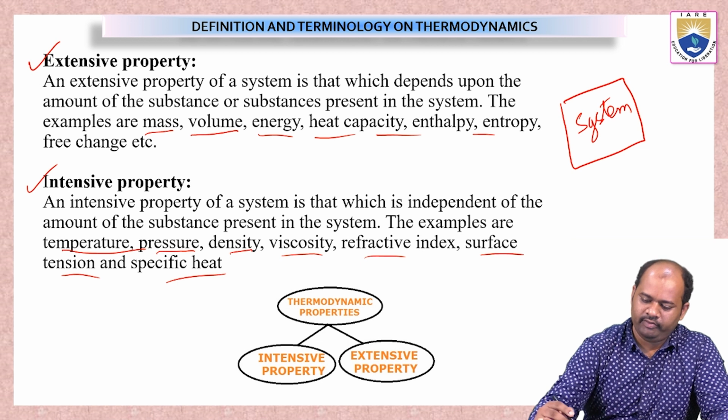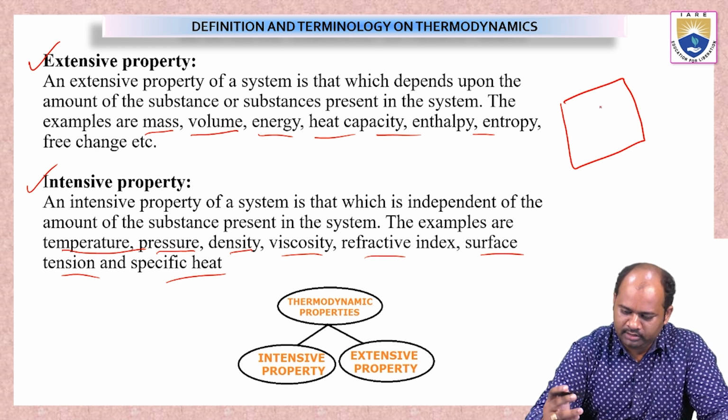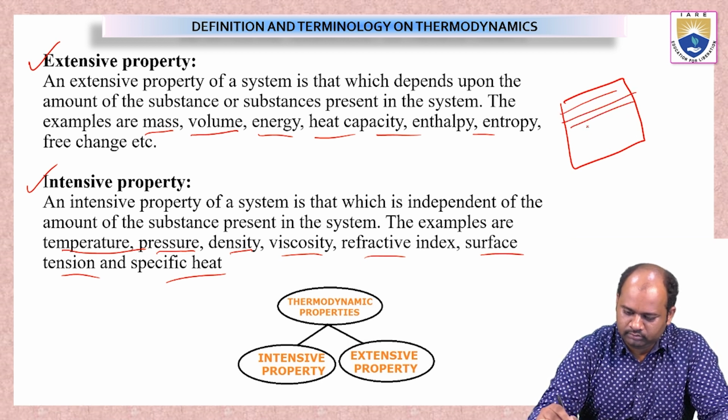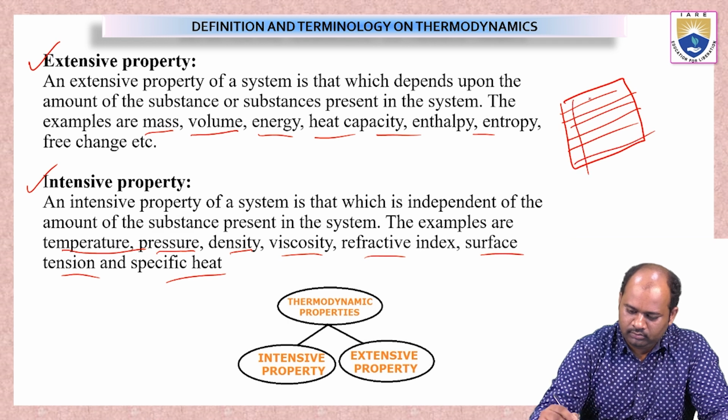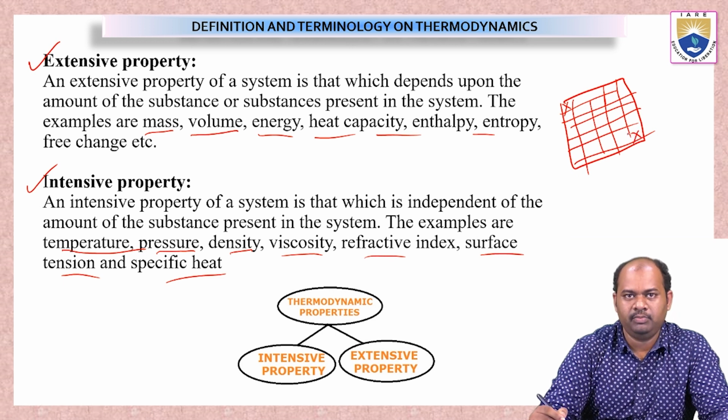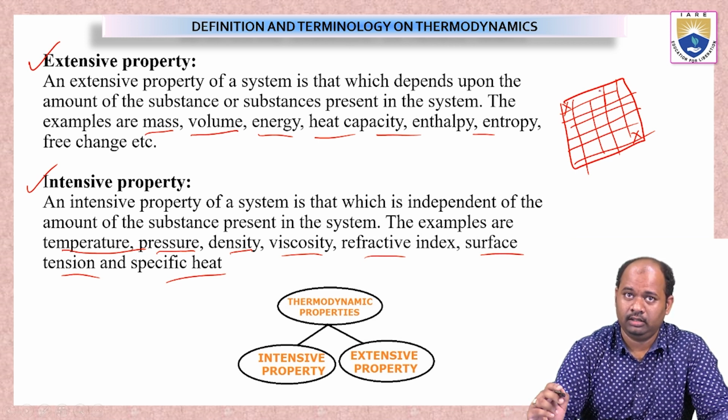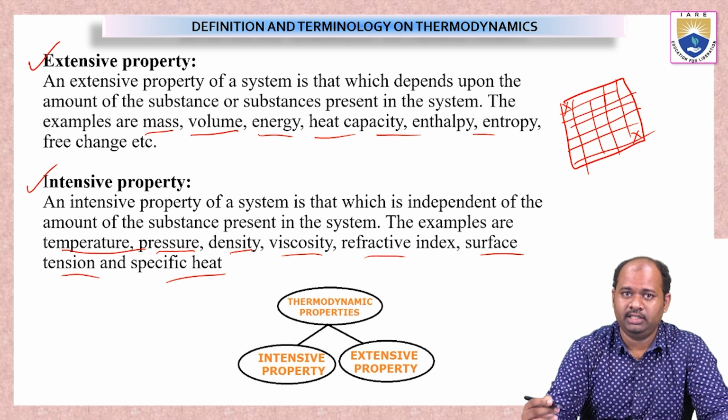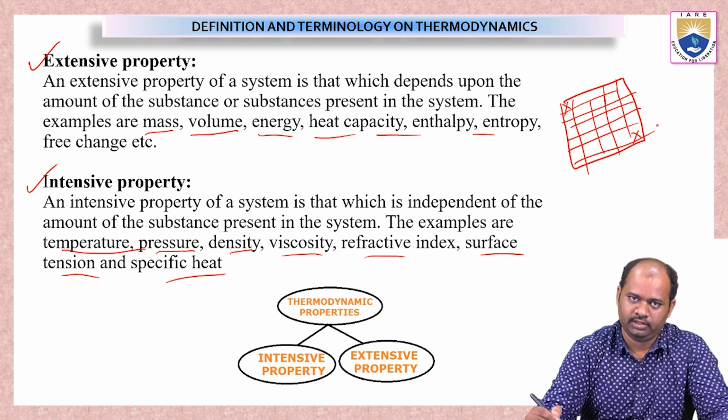If I divide this system into small parts and study each and every part, like this part and this part, the temperature will be the same because it does not depend on the amount of matter present inside the system. So at these two points, the temperature will be the same, but the volume or energy may not be the same.